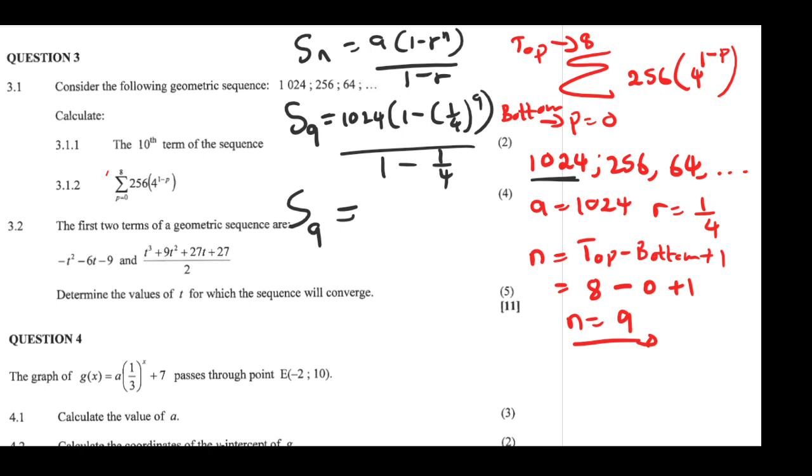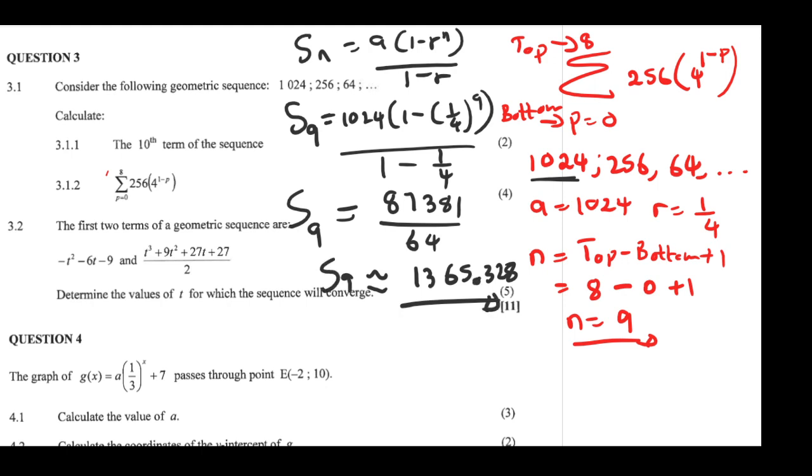The sum of this problem you should get is 87381 over 64. In decimal form, you should get 1365.328. So this is your sum of 9 terms of the sequence.